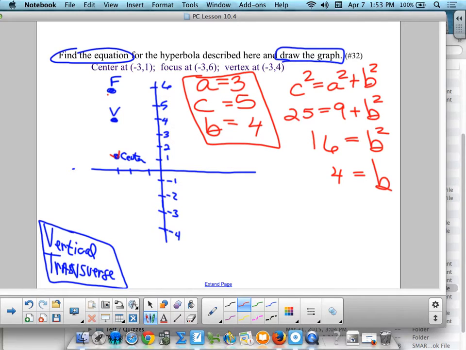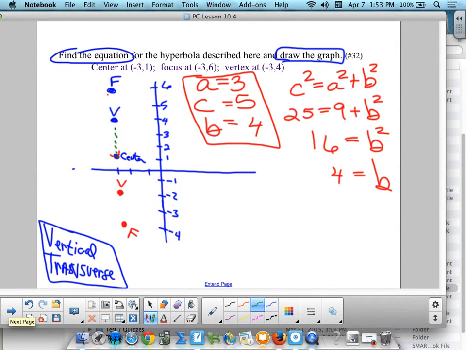And then, since I'm going to sketch this thing, I'll go down 3. Call that my vertex. I'll go down 5 from the center. Call that my foci. Right? Okay. Make the box. The box is from the center.